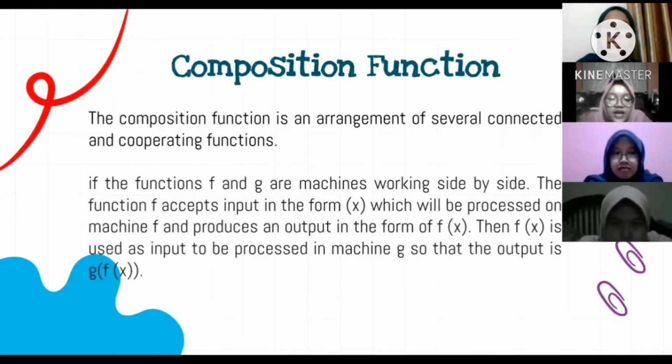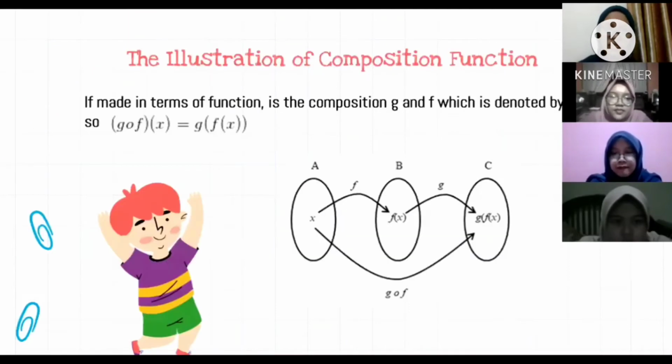The function f accepts input in the form x, which is processed on machine f and produces an output in the form f(x). Then f(x) is used as input to be processed in machine g so that the output is g(f(x)). This is an illustration of a composition function.